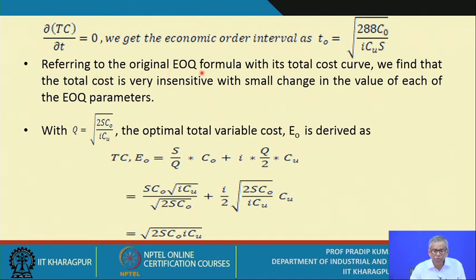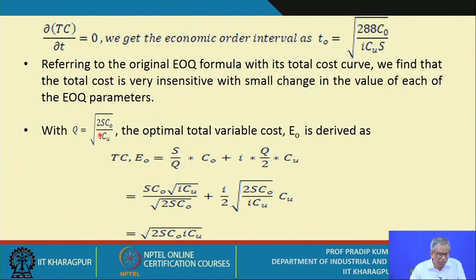Now referring to the original EOQ formula with its total cost curve, we have already shown you the total cost curve. We find that the total cost is very insensitive to small changes in the value of each of the EOQ parameters around the economic order quantity, that is Q star.